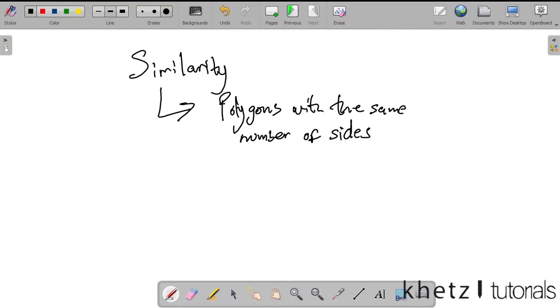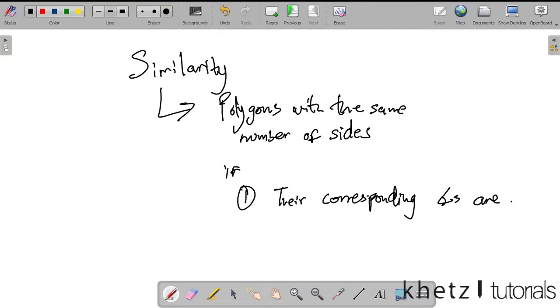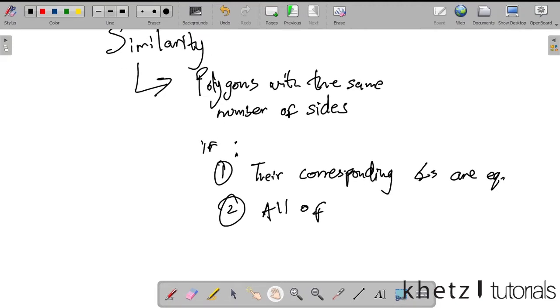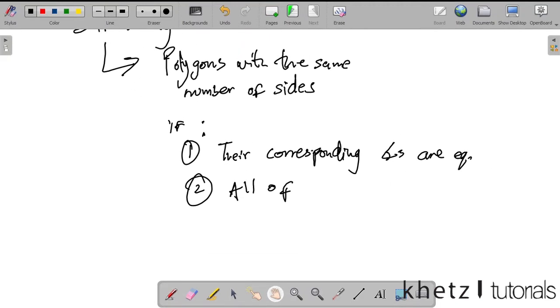We say that they are similar if their corresponding angles are equal. Basically these two conditions have to hold, so both of them actually, it's not an or, it's an and.